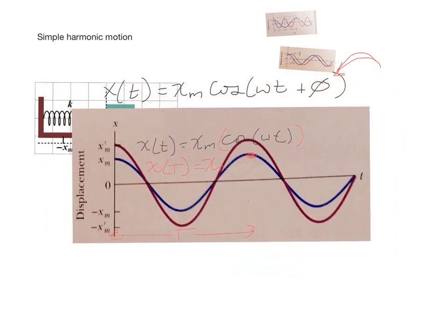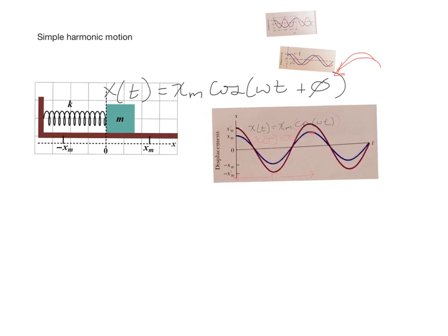Now, if we utilize that information, we see that when t is equal to the period, omega t would have to equal 2 pi radians, because it has to go through an entire cycle. It's synonymous with an object going around a circle. If an object starts here, it'll have to go 2 pi radians to get back to where it started.